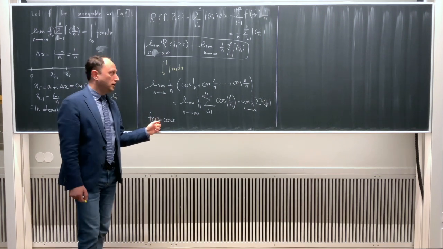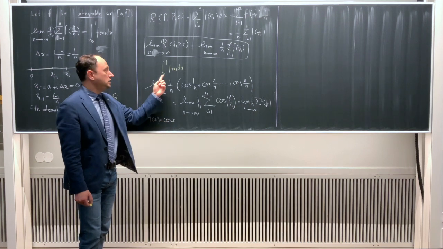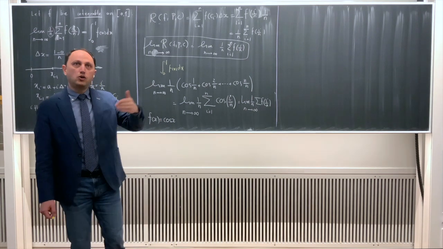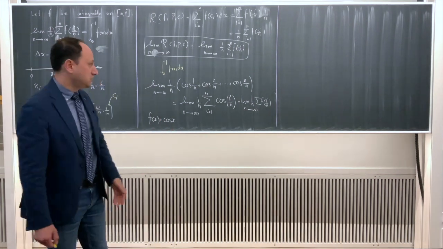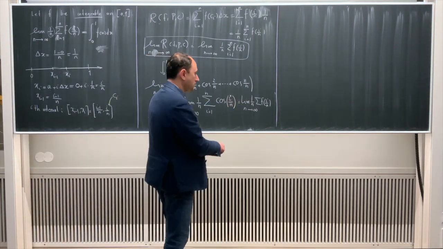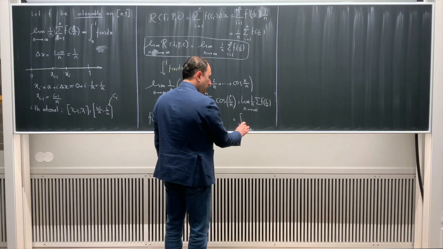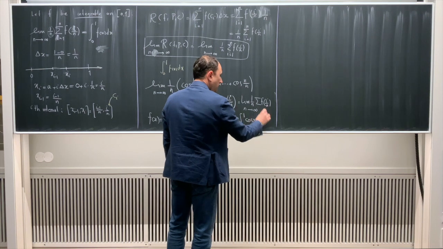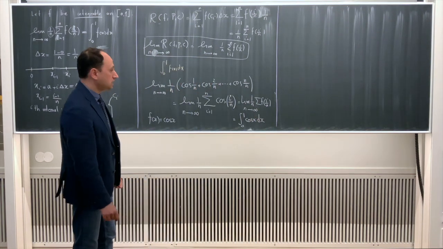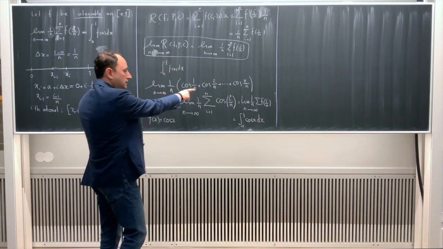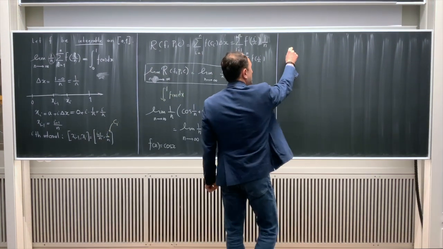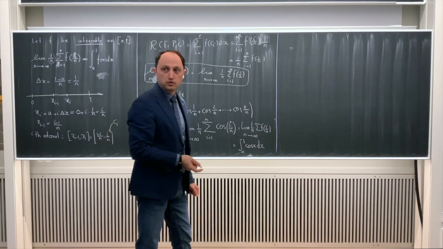You need to write it down: the function cosine that you defined is continuous on 0 and 1. Because it is continuous, it is also integrable. And because it is integrable, this limit becomes the integral from 0 to 1 of cosine x dx. So instead of calculating this limit, you calculate this integral. That's extremely simple because you can now use Newton's formula to calculate it.